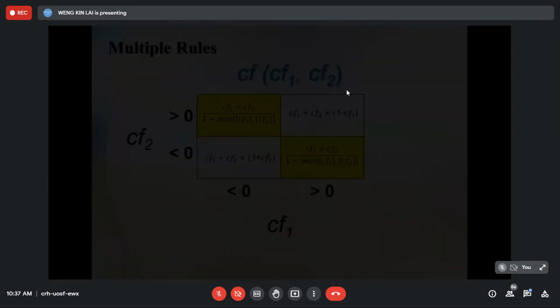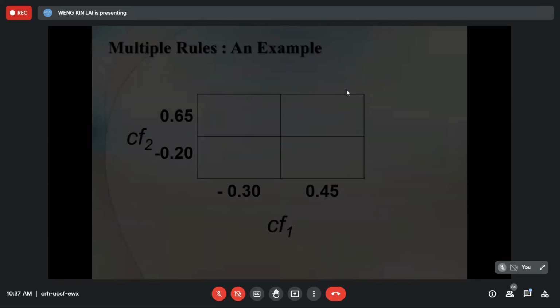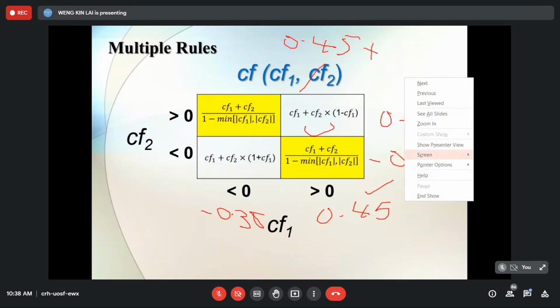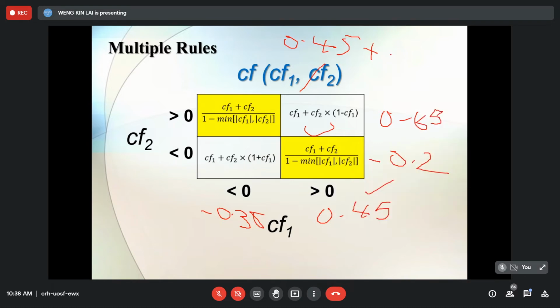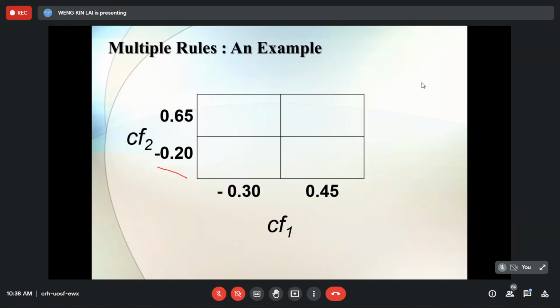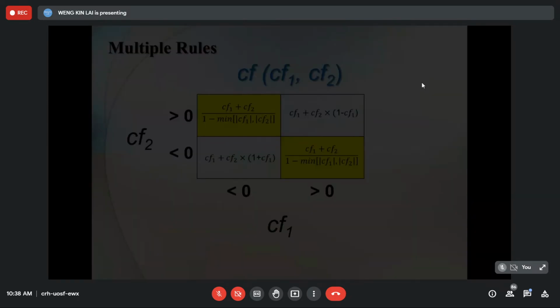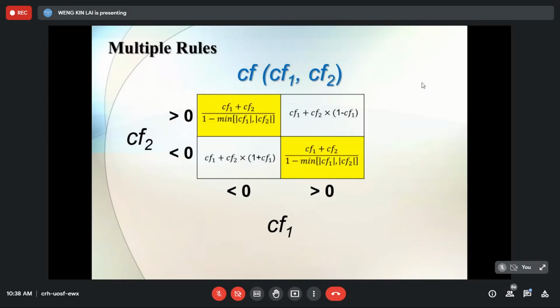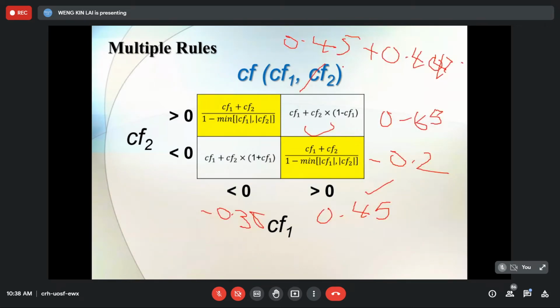It should be 0.3575. Correct, 3575. Jingwei, thank you. So it's 0.3575. That's how you get it.